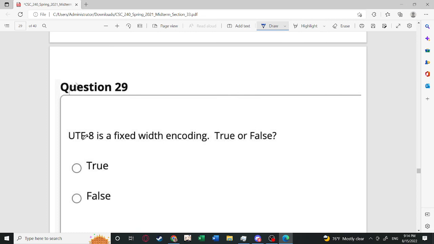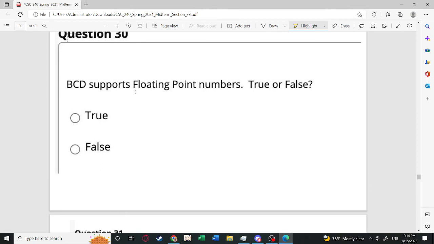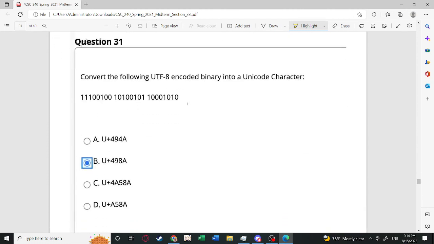Anyways, unity of A is fixed lengths. So this one is true. This one is a 2 byte number, that is true. It supports it, but there's no decimal point. I'm going to just re-emphasize it. This one, I think we numbered this last time, and that is correct.